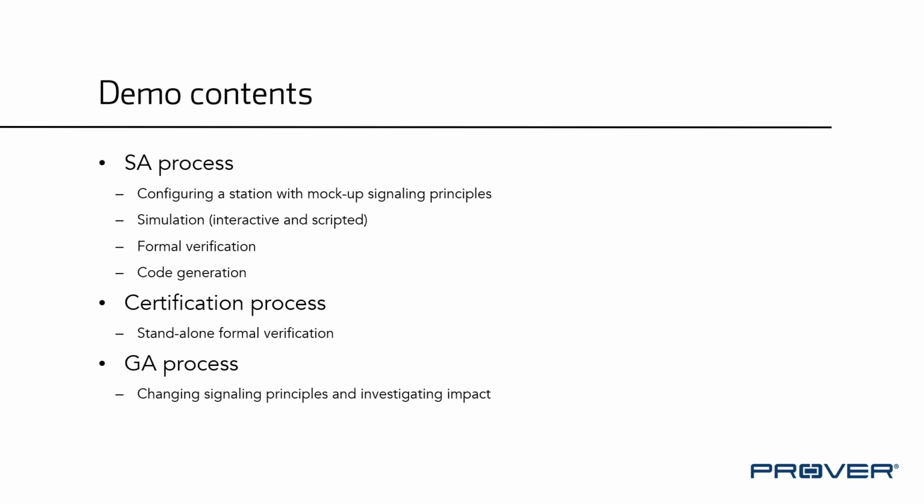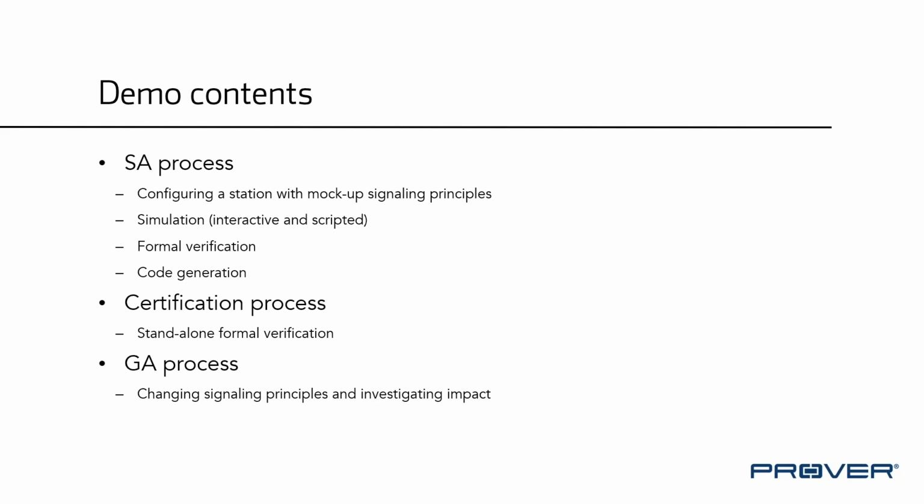And the tool can run all these scenarios, and it can run them in a fast-forward mode, so you don't have to run them in a realistic speed. You can do them really quick. Then I will show you how to make formal verification of this, and finally how to do code generation.